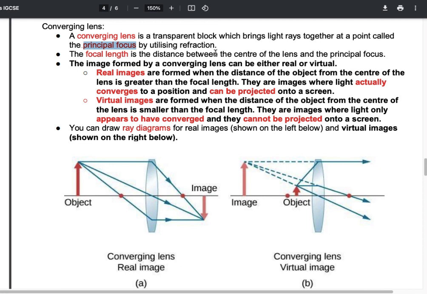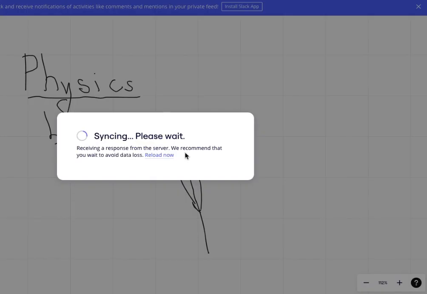So either the rays of light refract to meet at a point, or they refract to be spread apart to different locations.